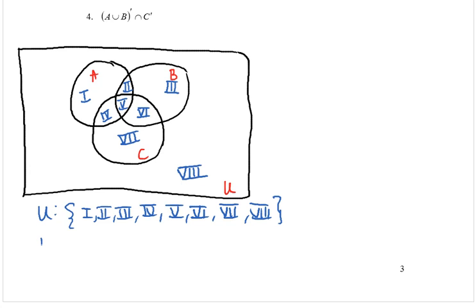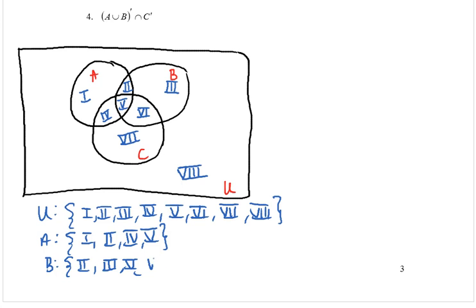Okay, and then set A contains 1, 2, 4, and 5. So if you labeled yours differently, just set up the sets based upon your diagram, your final answer would still be the same as mine. For B, it contains regions 2, 3, 5, and 6. And region C contains 4, 5, 6, and 7.